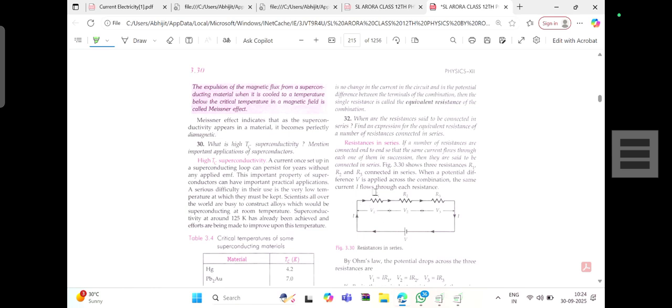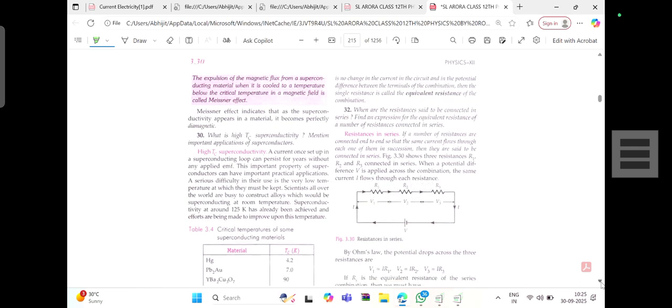You can see there are three resistances here, so the same current flows through each resistance. So instead of these three resistances, we can use another resistance.